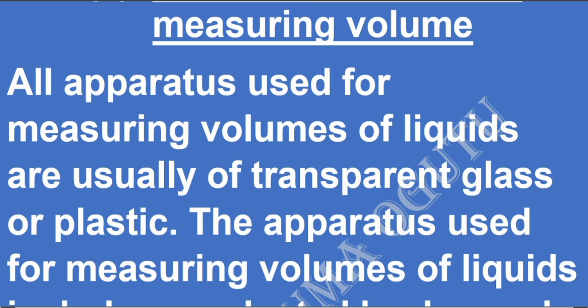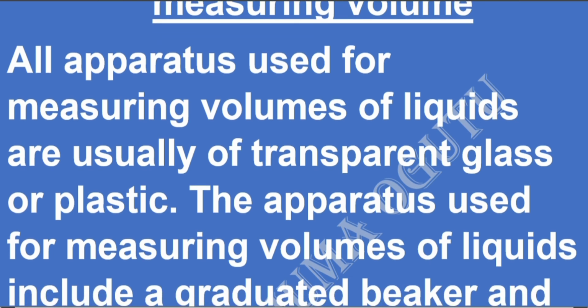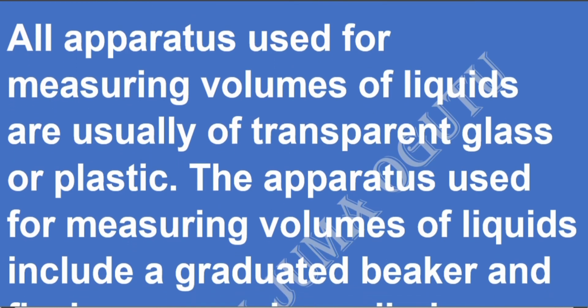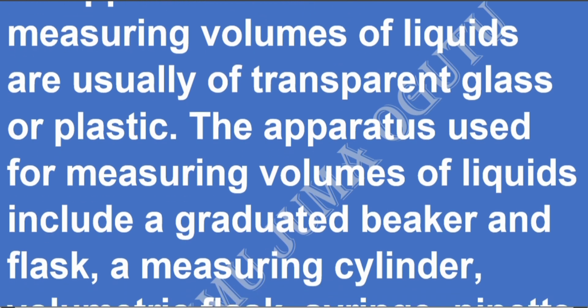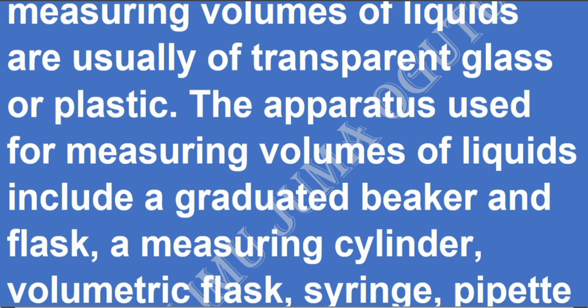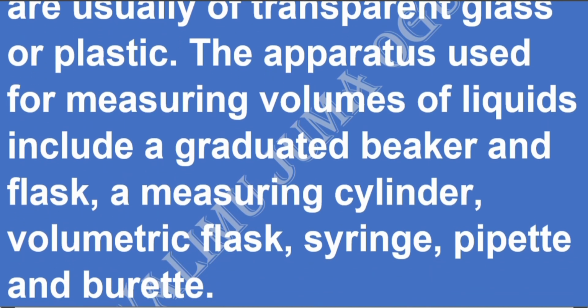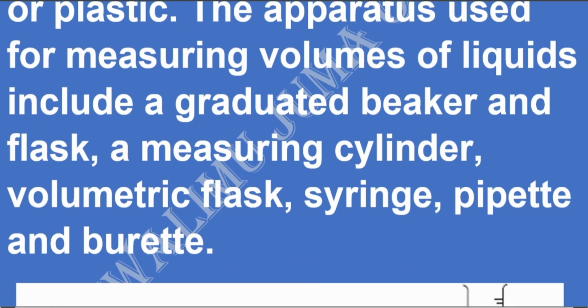The apparatus used for measuring volumes of liquids include graduated beaker or graduated flask, measuring cylinder, volumetric flask, syringe, pipette, and burette. So those are some of the apparatus used for measuring volume: graduated beaker, graduated flask, measuring cylinder, volumetric flask, syringe, pipette, and burette.